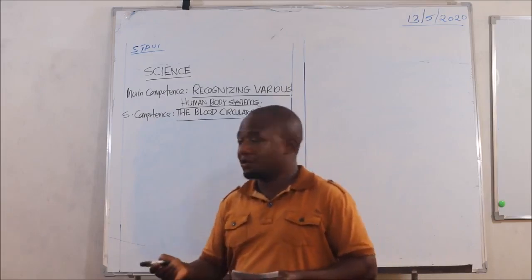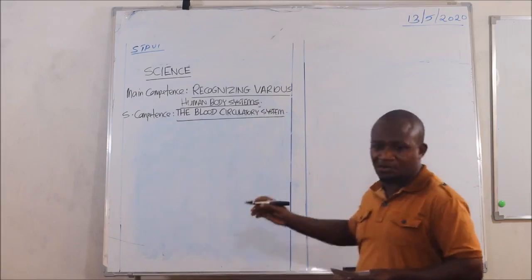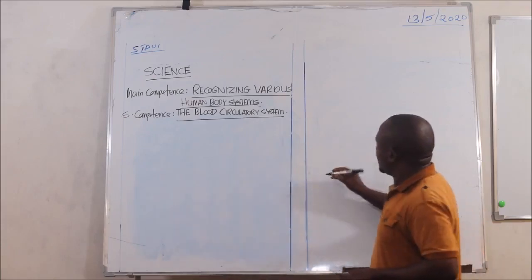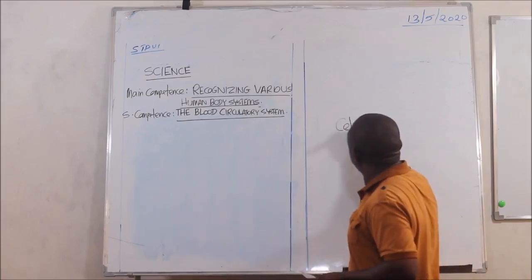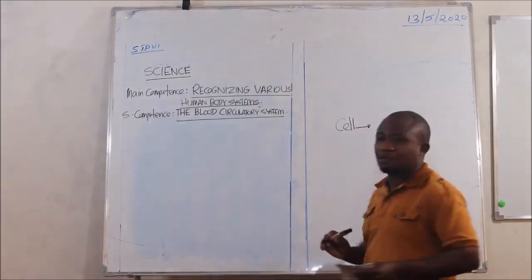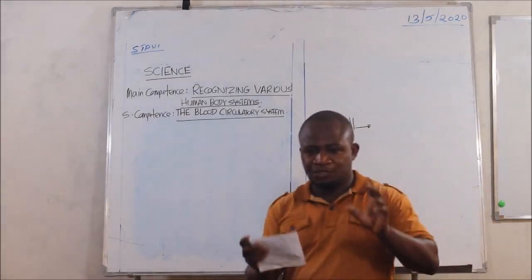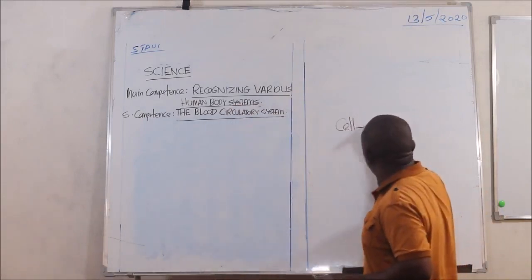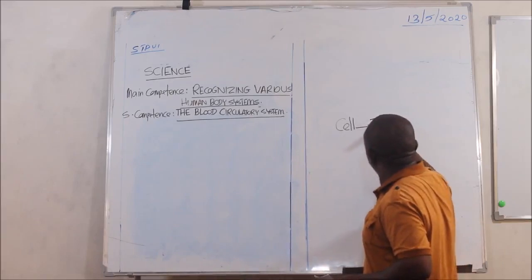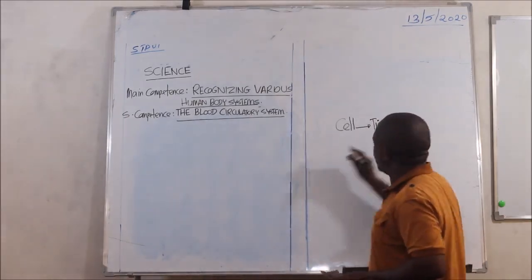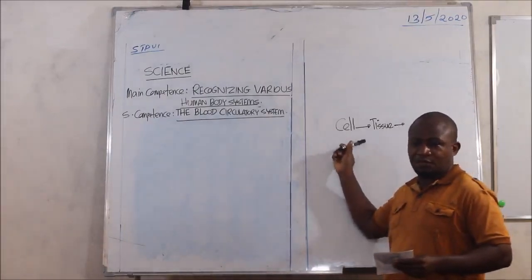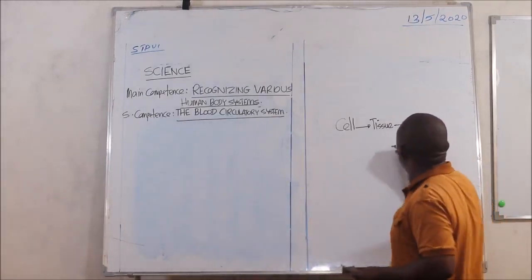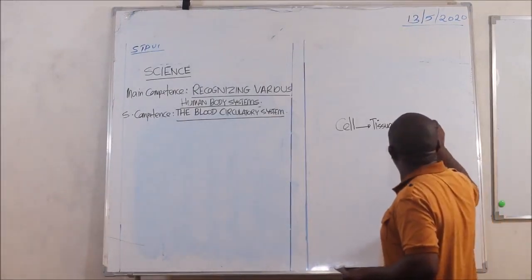Well, to understand this, let me go to this order, which is very important to be known. We have a cell. A group of cells performing a particular function or same function makes a tissue. So from cells we get tissue. Now, different tissues performing a particular function form organs.